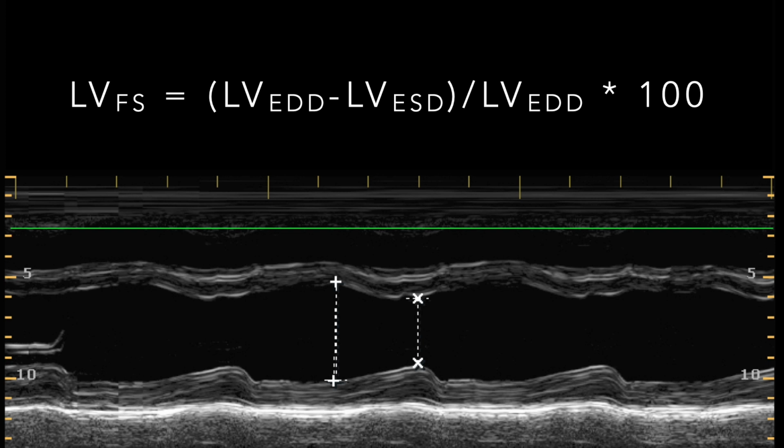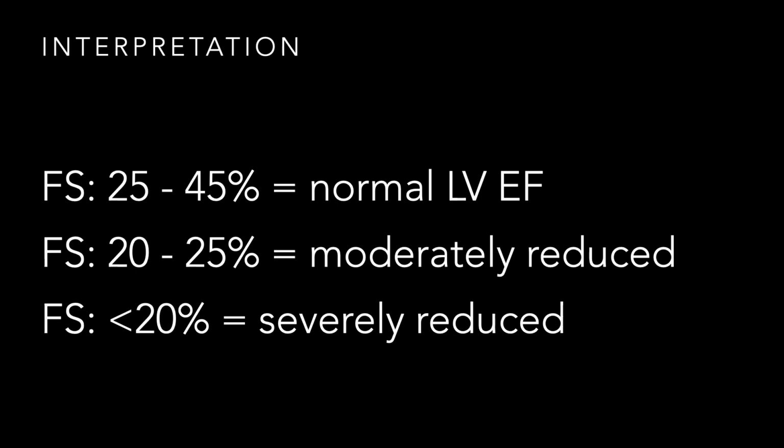So the widest minus the smallest, or the narrowest, over the end diastolic diameter, so the widest, times 100, so that we can present this out in a percentage. So we're going to get widest minus smallest over widest times 100, and that's going to give us a percentage, and it's going to be somewhere in the neighborhood of 25 to 35%. And so the way we interpret is basically to say anything above 25% is generally considered to be normal.